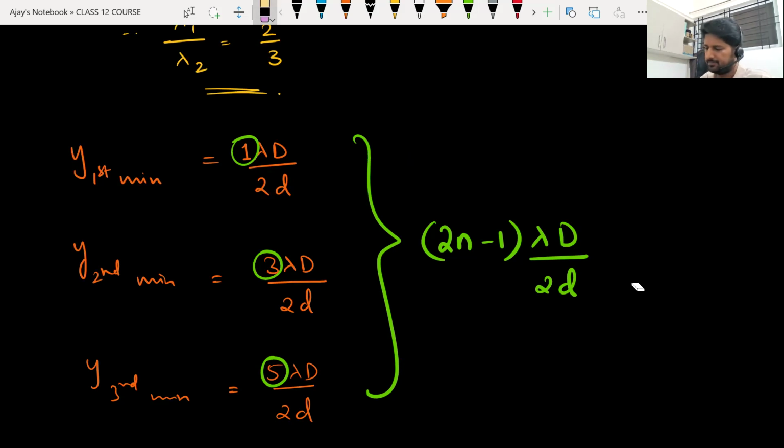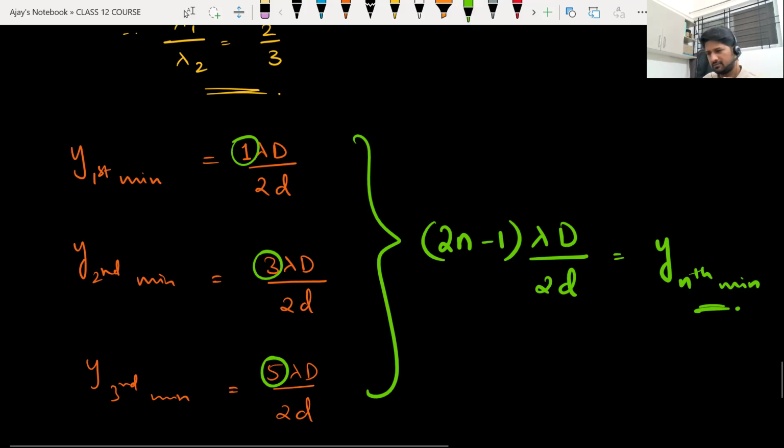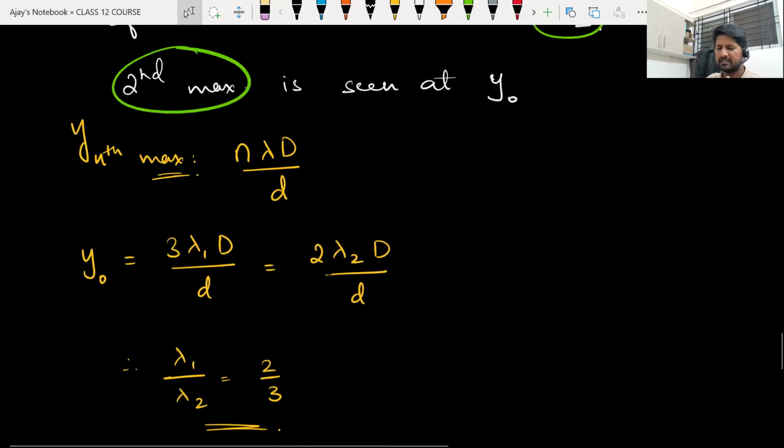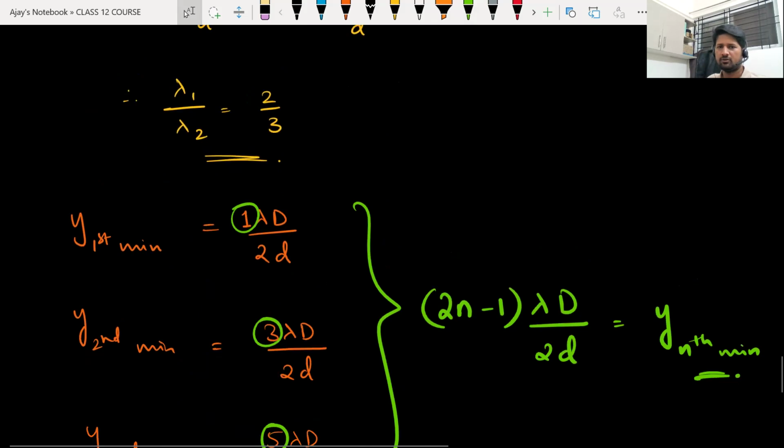Yes, sir. So this is basically the y coordinate of the nth minimum. After class, just think of how these formulas were derived. The general y coordinate for nth maximum and for nth minimum, because questions based on this are very common.